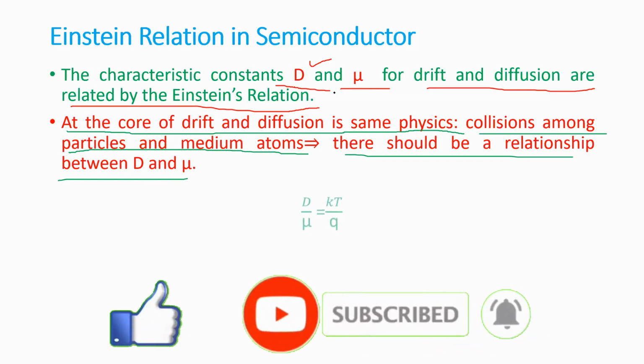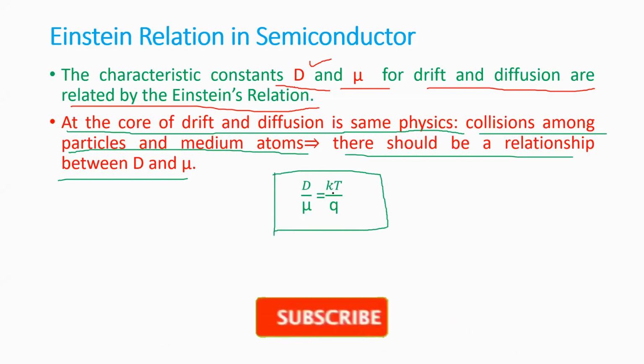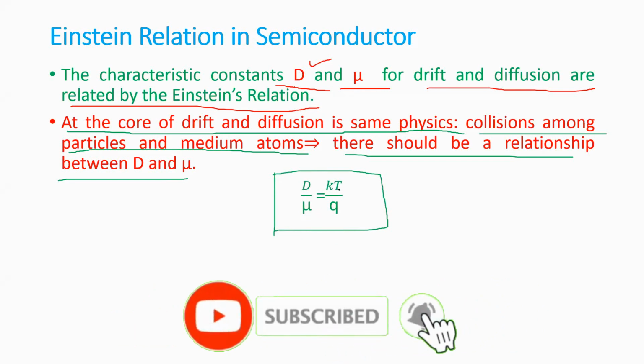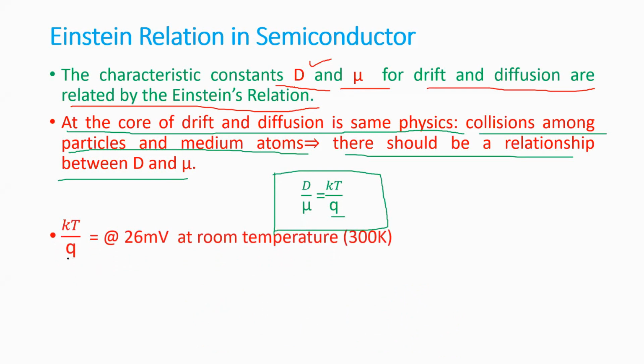That relation is given by the Einstein relation. That is D by mu is equal to kT by Q, where k is the Boltzmann constant, T is absolute temperature, and Q is the charge on the electron. So its value is kT by Q, and the ratio of these two values is about 26 millivolt at room temperature.